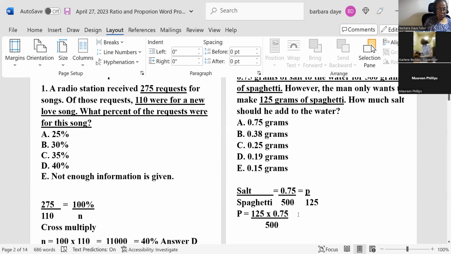And that's equal to 0.1875, rounded to 0.19. Answer D.